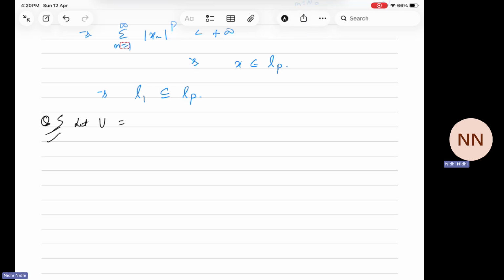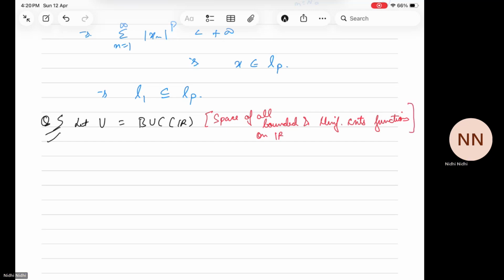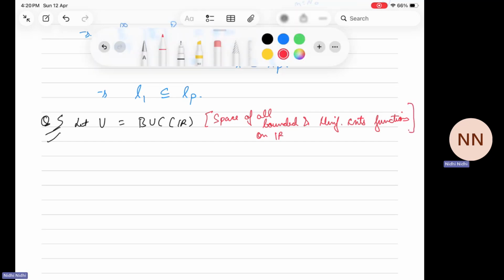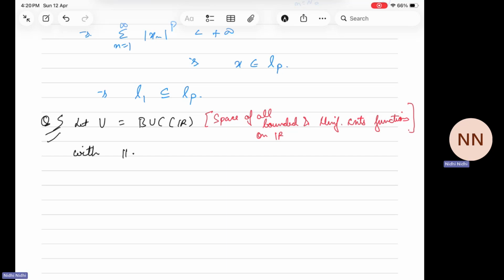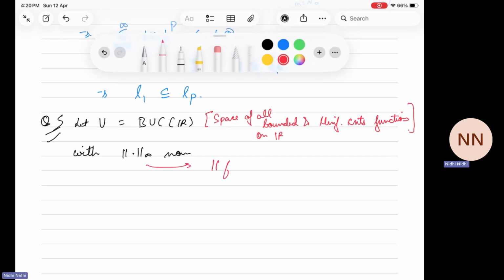We denote it by BUC over R. It's the space of all bounded and uniformly continuous functions on R with the sup norm as we defined earlier, which is the supremum of mod fx, x in R.